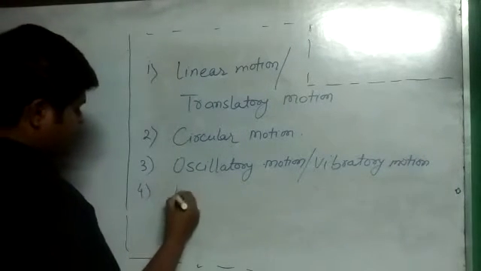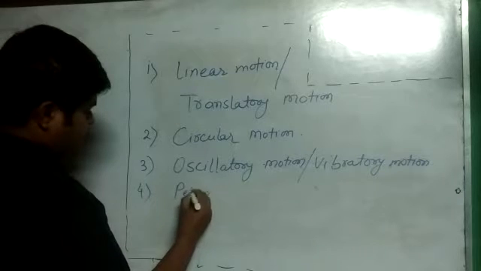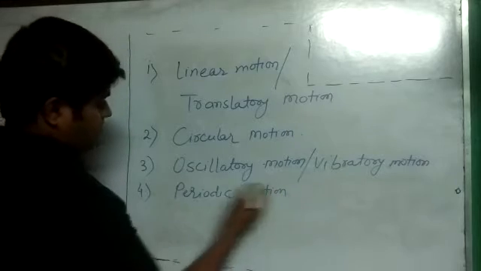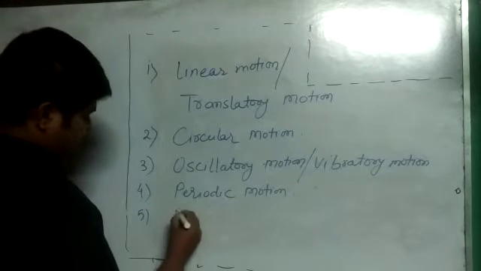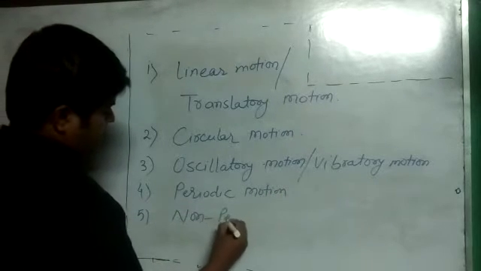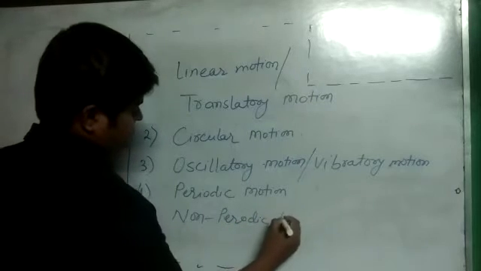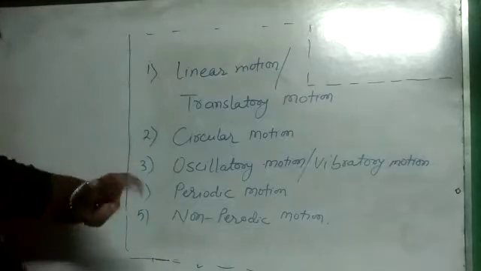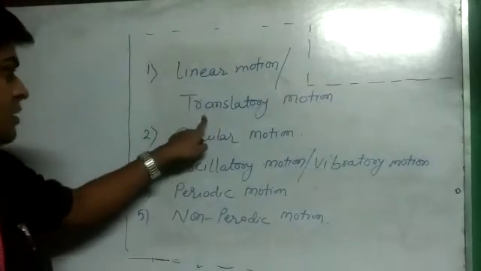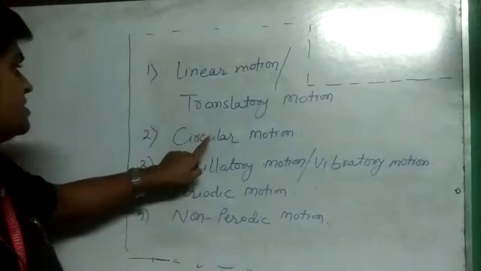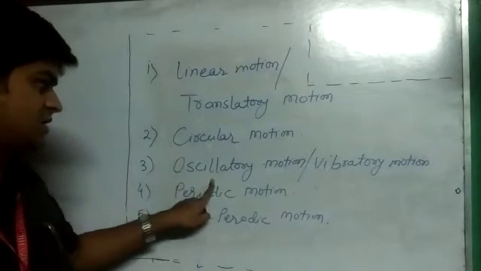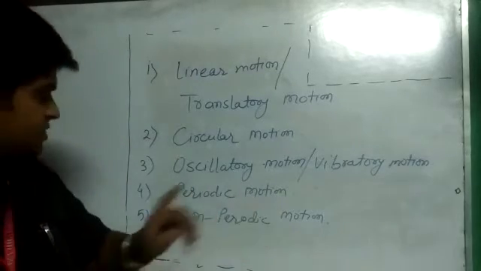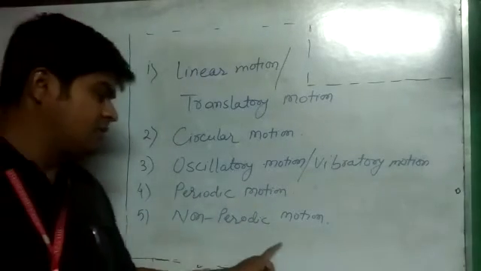Fourth is periodic motion. And last is non-periodic motion. Okay, types of motion, five types: linear motion, also called translatory motion, circular motion, oscillatory motion, also called vibratory motion, periodic motion, and non-periodic motion.